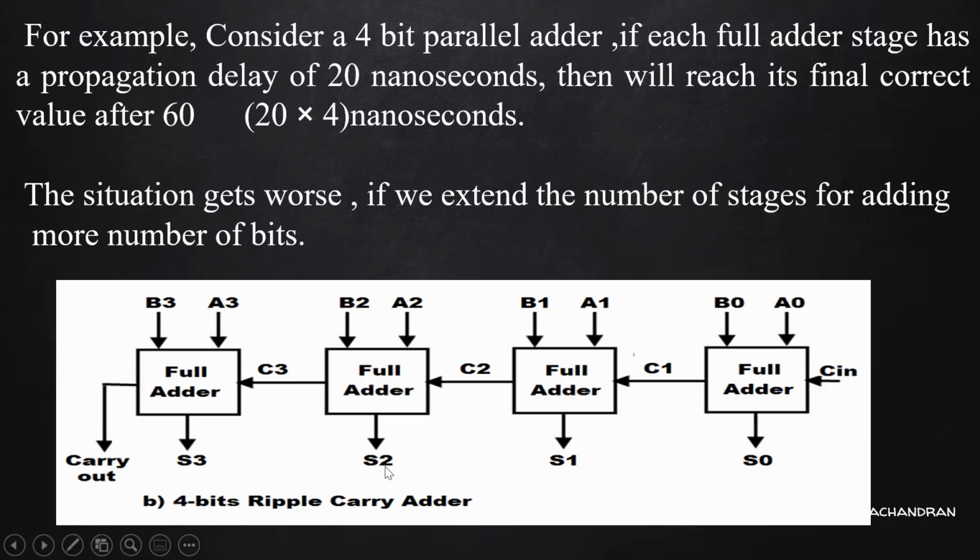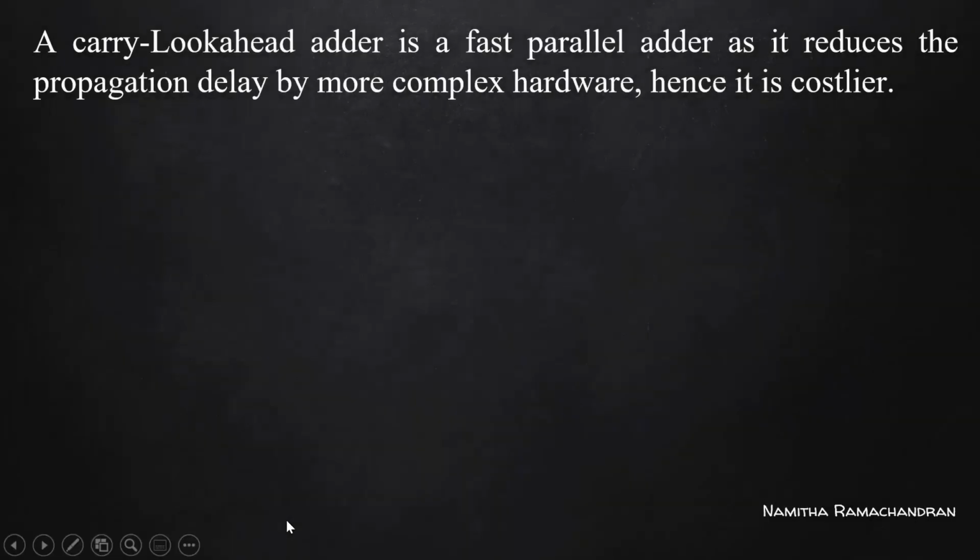In order to reduce this carry propagation delay, we can design a modification of the parallel adder circuit, that is the carry lookahead circuit. The carry lookahead adder is a fast parallel adder as it reduces the propagation delay using more complex hardware. This is a more complex structure and it is costlier.